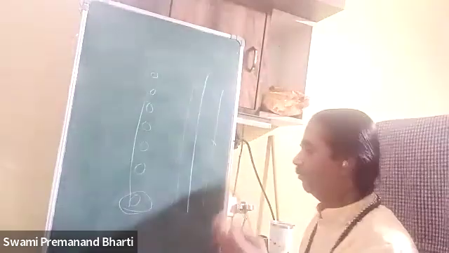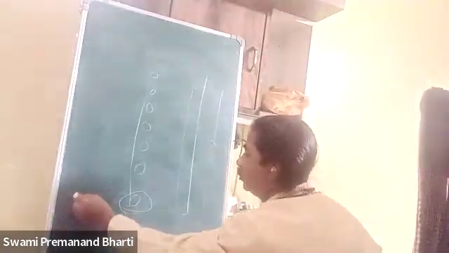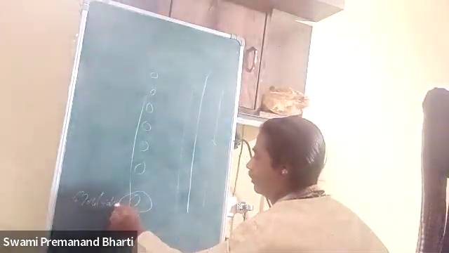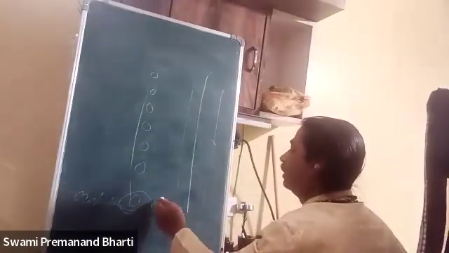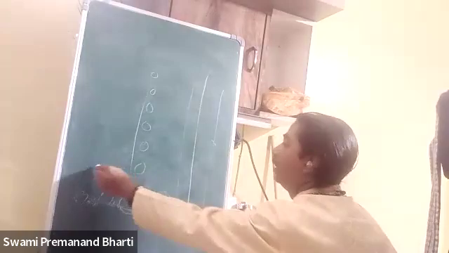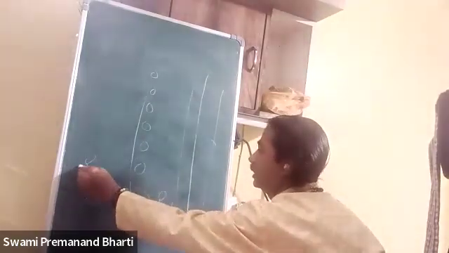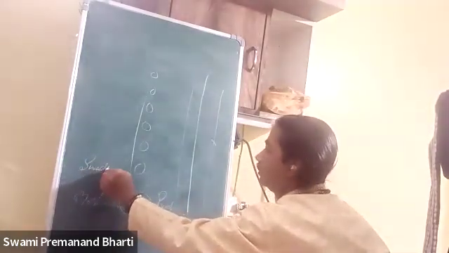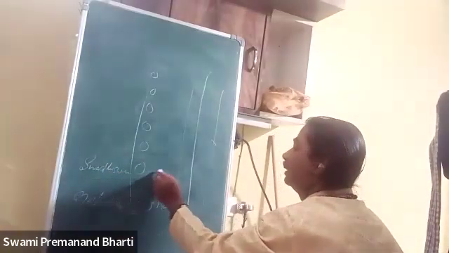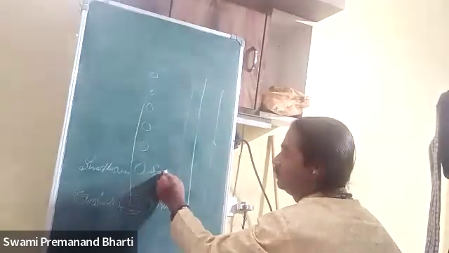If we just take the names: Mooladhara chakra, at the base, is called the root chakra. Then Swadhisthana chakra, called the sacral chakra, just below the navel.